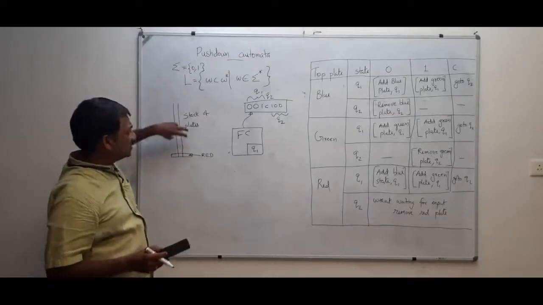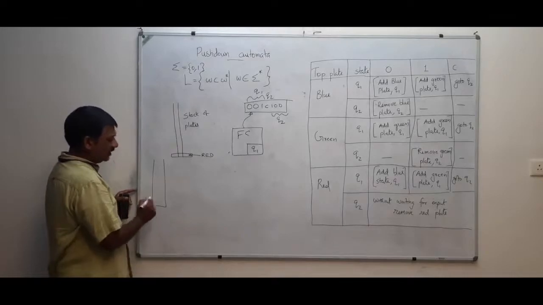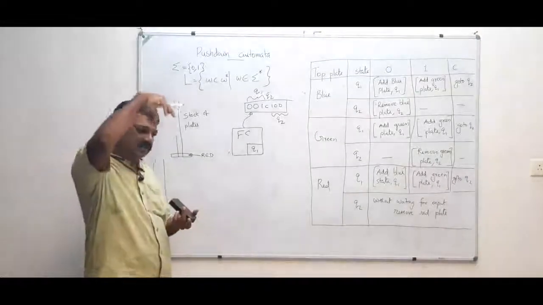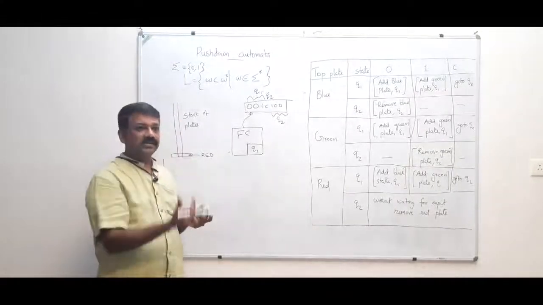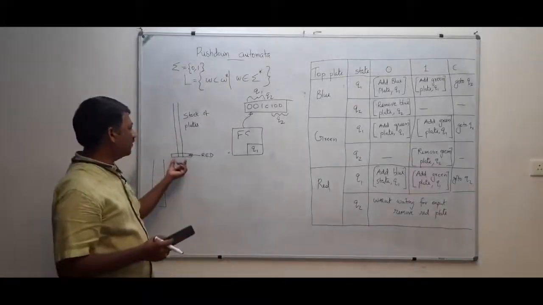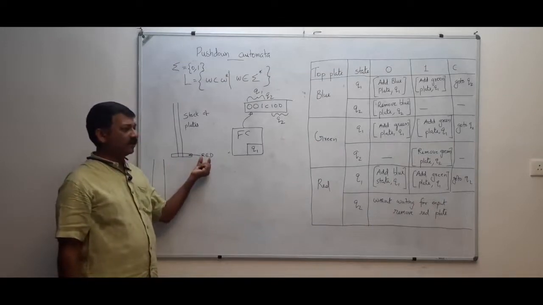That means this is a stack of plates. It is just like our stack in the finite control. And suppose that these are stacks of plates. You are adding just like your CD stack. You know that. Likewise, here also we have a stack of plates, and at the bottom of the stack you have a red plate.